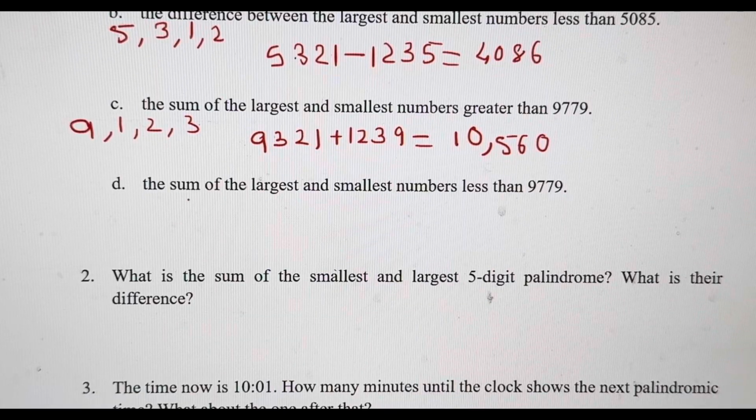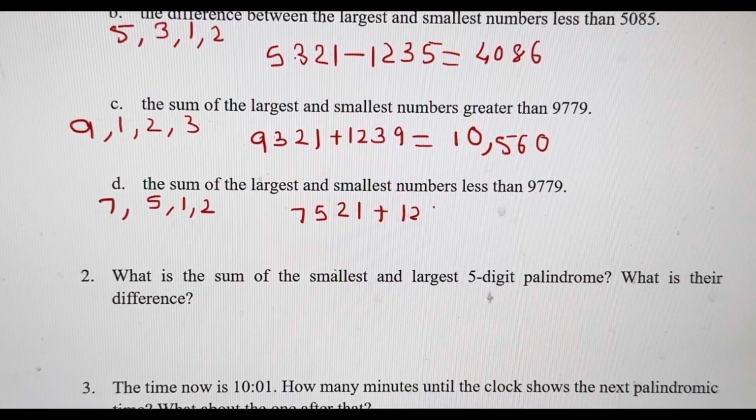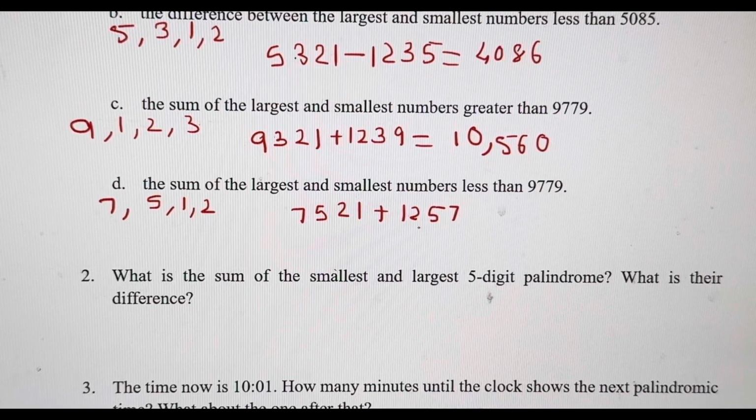Now in D, they have asked that the sum of the largest and the smallest number should be less than 9779. Here we don't choose the largest digit as 9. We take it as, suppose, 7, and the other digits may be 5, 1, 2. So the largest number is 7521 plus 1257.